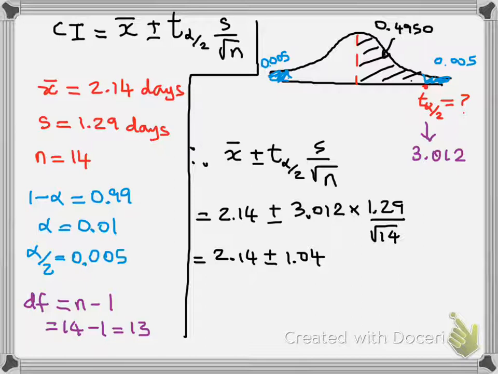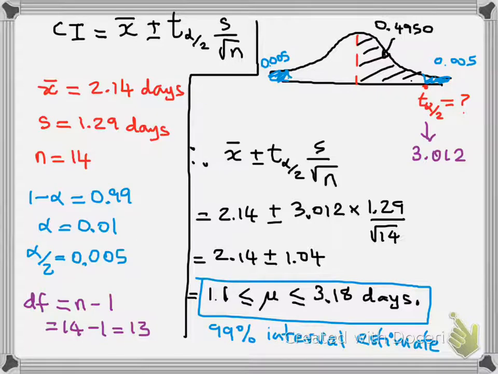If you subtract 1.04 from 2.14, and add 1.04 to 2.14, you will get this interval. That means that a 99% confidence interval will give you a range of between 1.1 and 3.18 days. That is a 99% interval estimate.